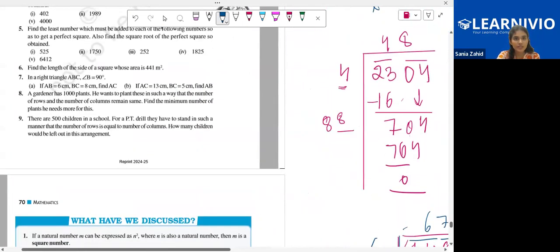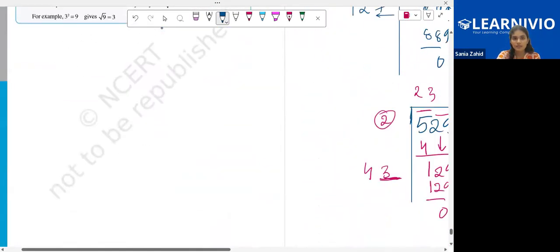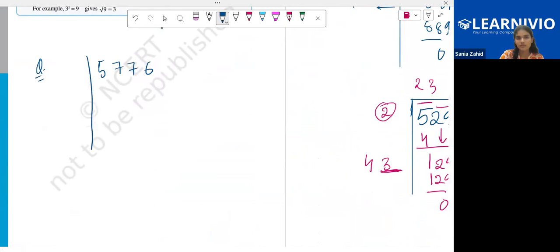Now we have the next question. 5776. Mustafa will tell. Yes, Mustafa, tell the answer. Ma'am, we make pairs from the right. So 76 and 57.